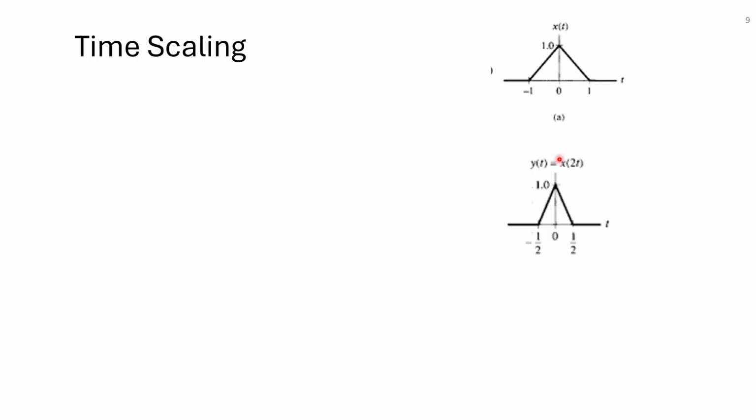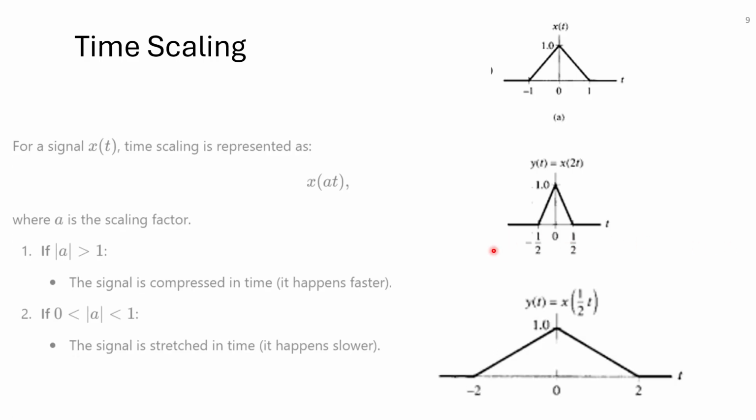Whenever you multiply by numbers greater than 1, your graph will compress, and similarly if you multiply by less than 1, then your graph will expand on the x-axis, that is the time axis.